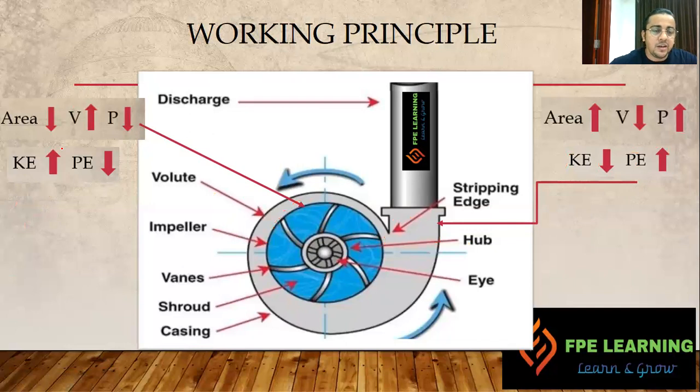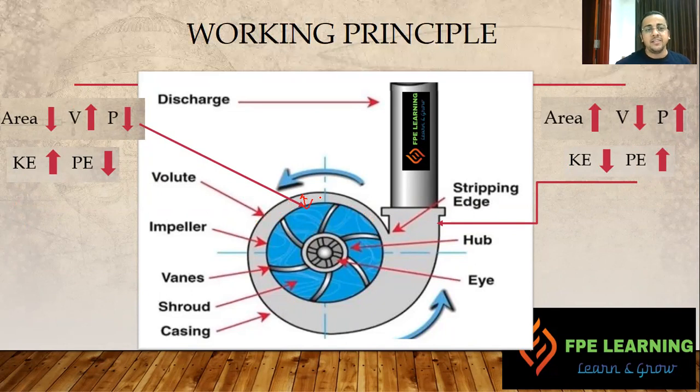So this is how it happens. When the liquid enters the casing, right here in the volute, the liquid enters this area, we have less area, so we have high kinetic energy and less potential energy.